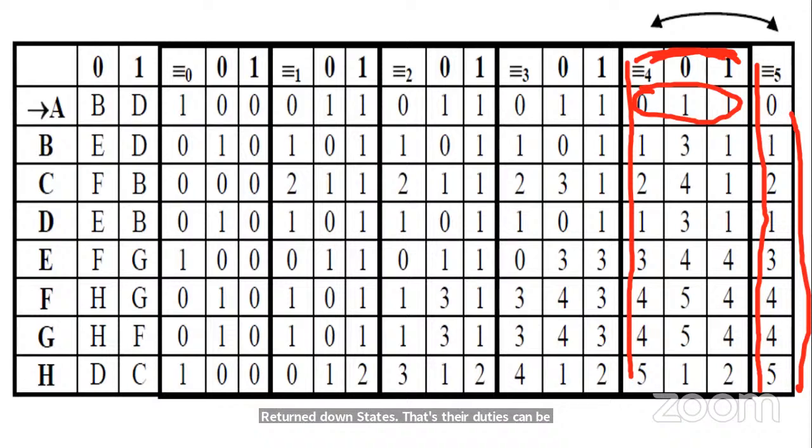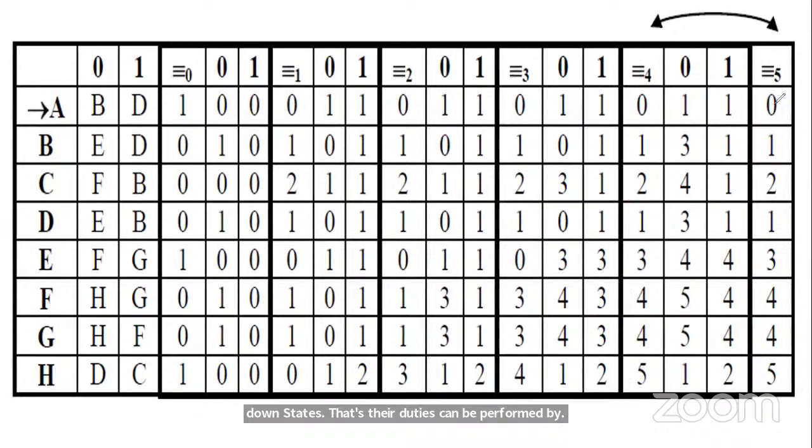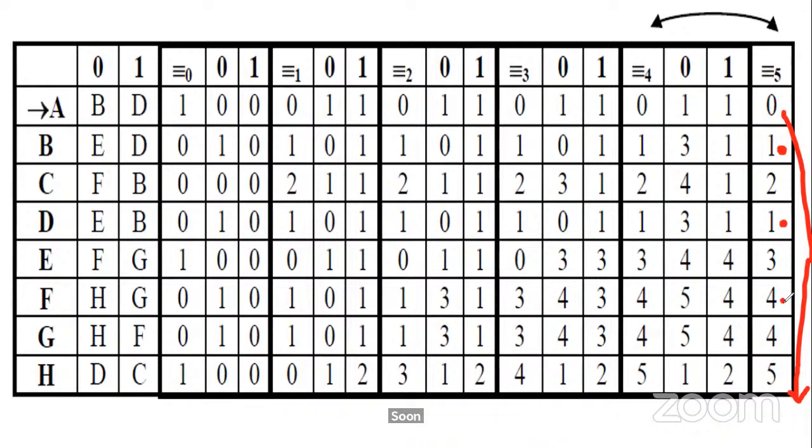Now look at this one, 0. Is there any other 0 in this column? No. But look at this guy, 1. Is there any other 1? This is another 1. 2. Is there any other 2? No. 3. Is there any other 3? No. But 4 has another 4 here. In order to reduce it, we will remove one of the states that have the same number.